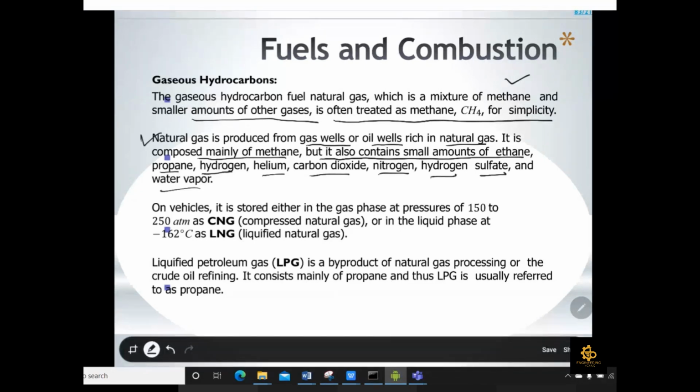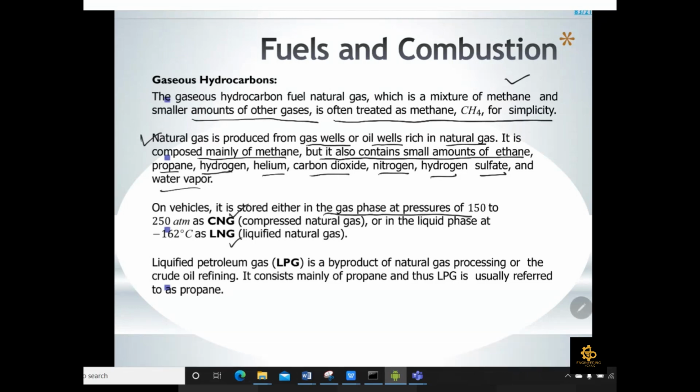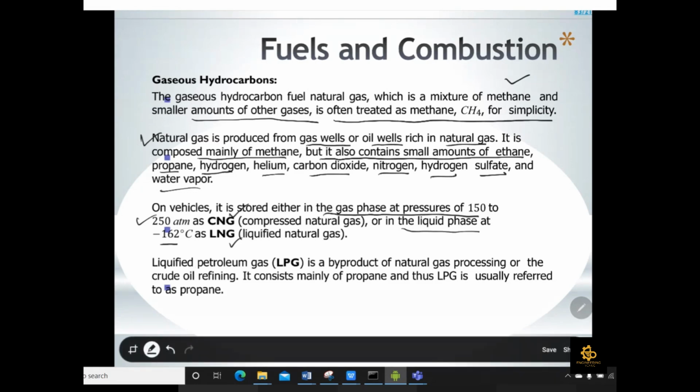I hope you already know that the gaseous hydrocarbon is used in the form of CNG or LNG. CNG is one type which we used frequently in previous days in our automobiles as well. It is basically compressed natural gas. It is stored either in the gas phase at a pressure of 150 to 250 atm, or in the liquid phase at minus 162 degrees Celsius, which we call LNG, liquefied natural gas.